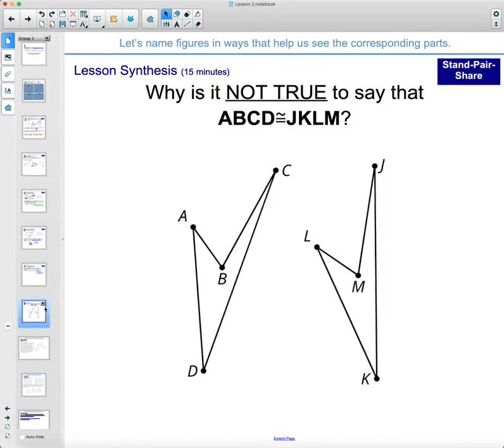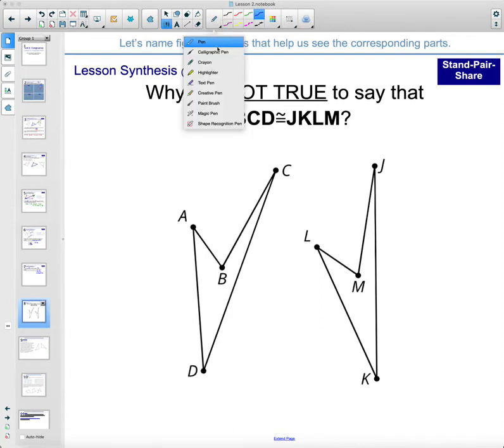Okay, then just the overall synthesis of this lesson is, why is it not true that ABCD equals JKLM? Again, remember we're looking at order here to make sure that the parts match up. So AB is going with JK in this statement.